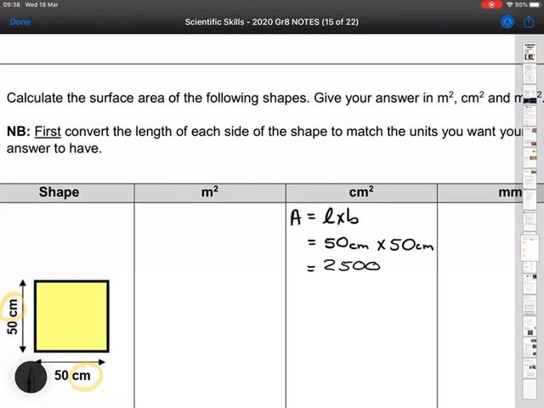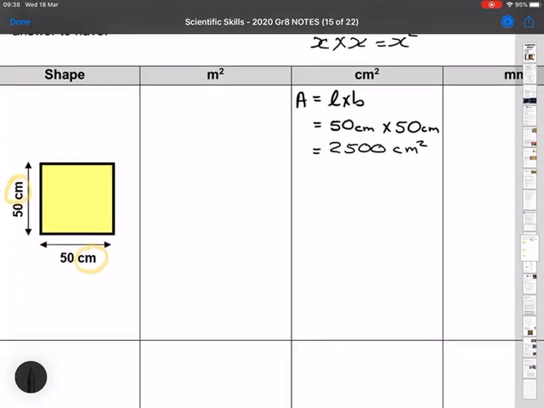And because we're working in centimeters, just like in maths, if you've got x times x, that will be equal to x squared. So a centimeter times a centimeter will be equal to a centimeter squared. Okay, let's do the same for the rectangle.